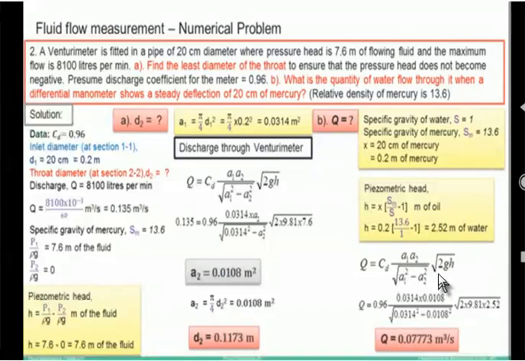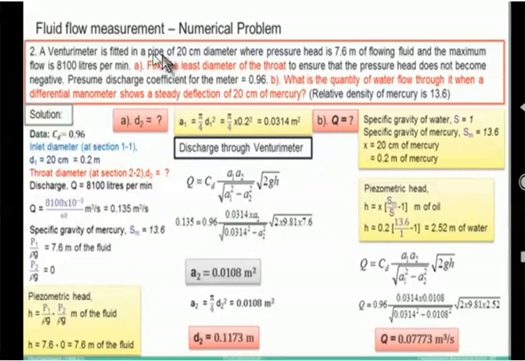Okay, first we should write the given data. What data has he mentioned in the statement of the problem? The CD, the coefficient of discharge, is given as 0.96. The inlet diameter at section 1: whatever the pipe diameter is, that is equal to the inlet diameter of the venturimeter.